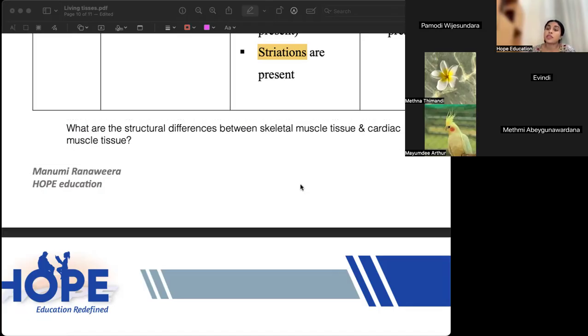Another one would be skeletal muscle tissue has long cells. Cardiac muscle tissue has short cells. So between skeletal and cardiac, skeletal has long cells, cardiac has short cells, skeletal is multinucleated, cardiac is uninucleated, skeletal is unbranched and cardiac is branched.